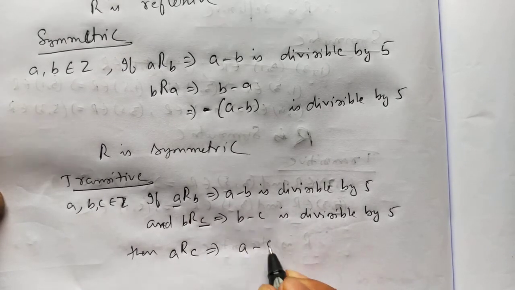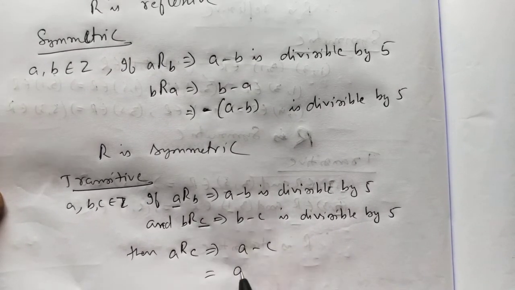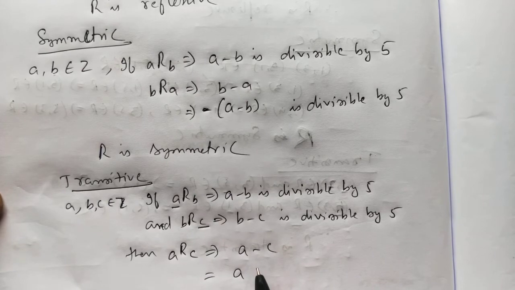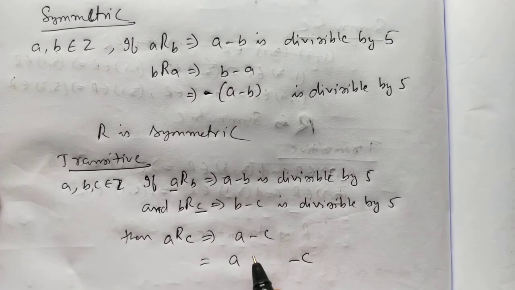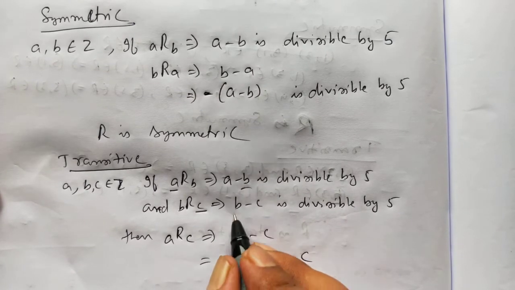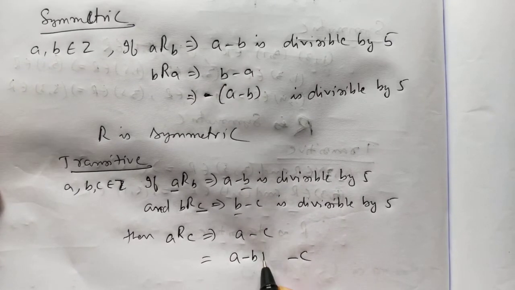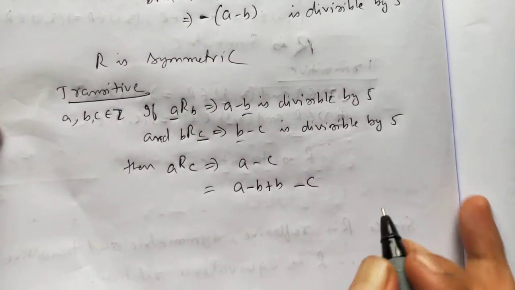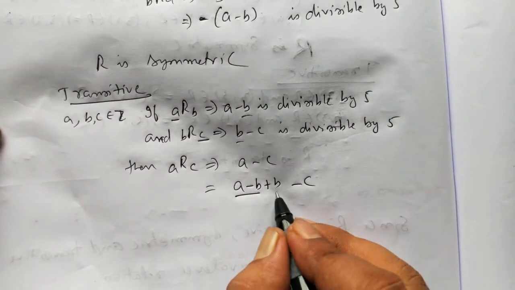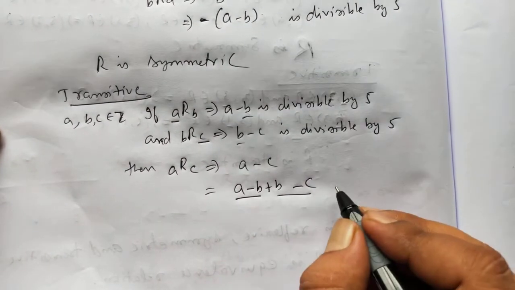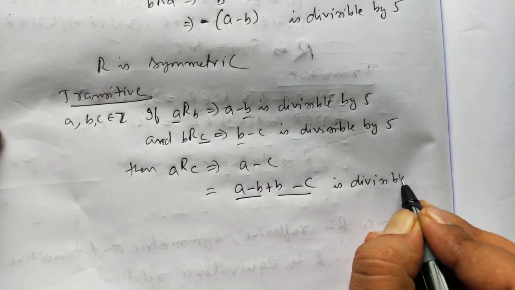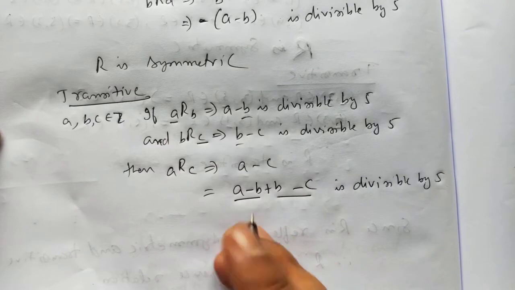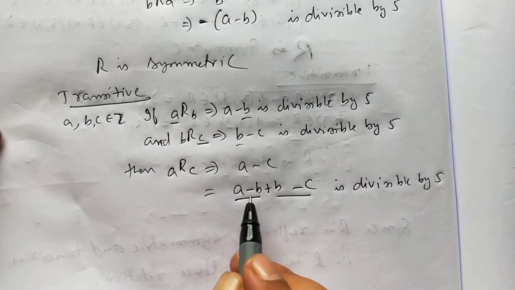I can write A minus C. I can add and subtract the same term, like minus B plus B. Here this is divisible by 5, and this is also divisible by 5. I add and subtract B by myself.